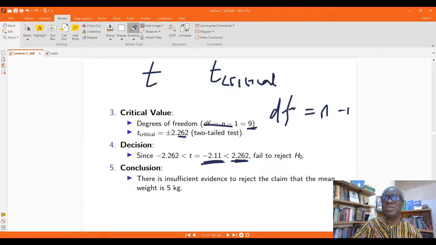So this is how we take decision and conclude. So we fail to reject the null hypothesis. With that claim, we don't have sufficient evidence to reject it.